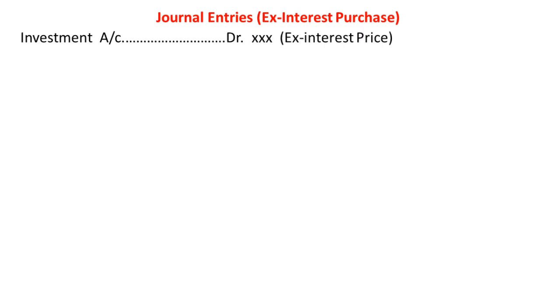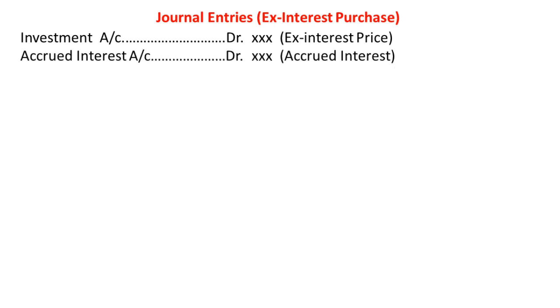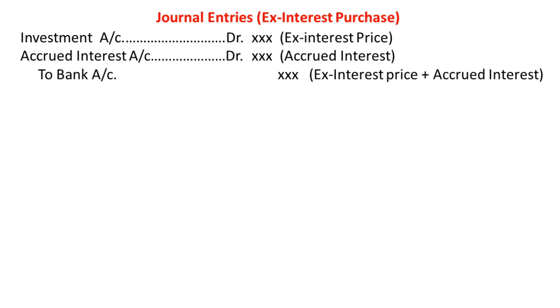Let us see the journal entry for ex interest purchase. Since the investment comes in, investment account debit with ex interest price. There is accrued interest which should be debited with amount of accrued interest. Cash bank goes out, therefore cash bank is credited. But here we have to write ex interest price plus amount of accrued interest.